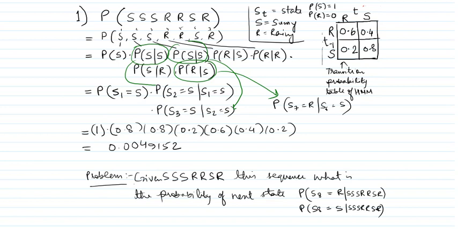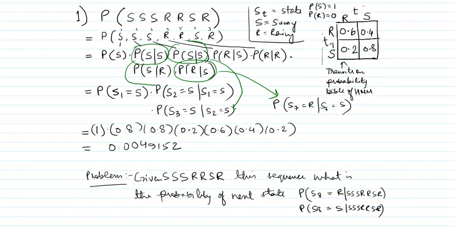We can also calculate the absolute probability for any third day or fourth day, such as S4 equal to S or S5 equal to S, but we are more concerned with, given this sequence, the probability of S or R.